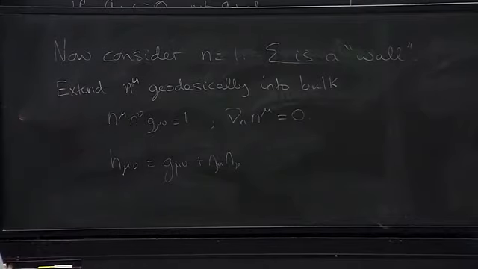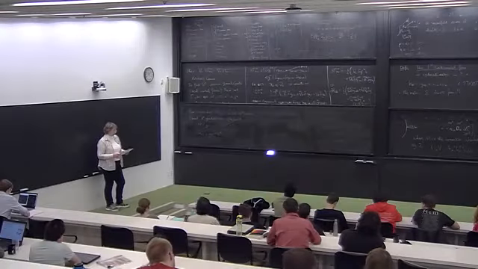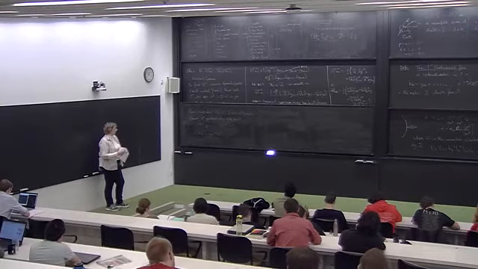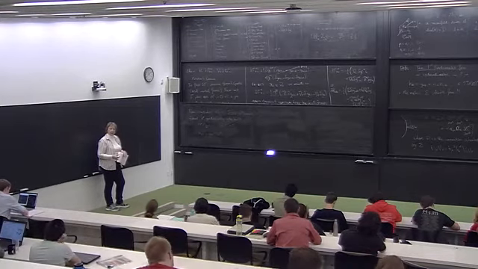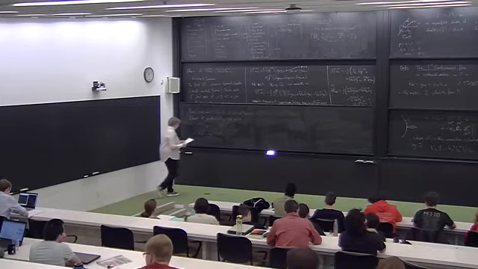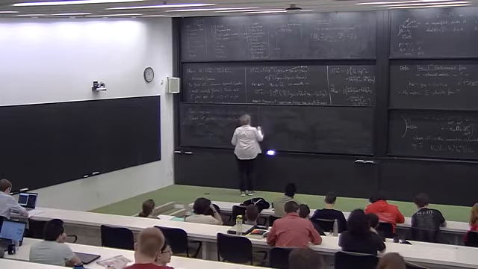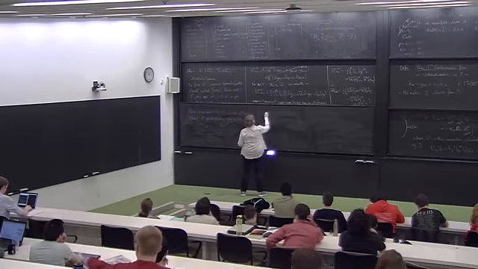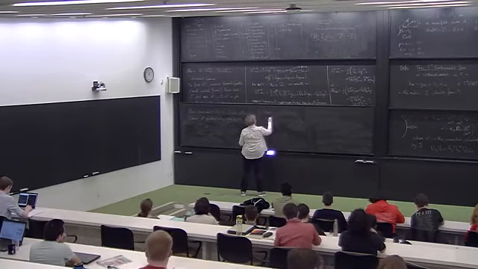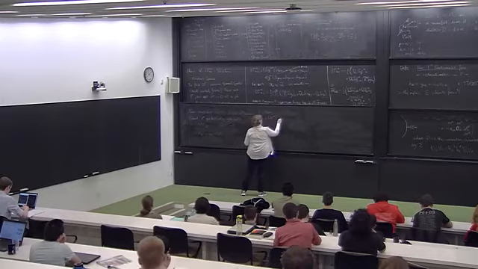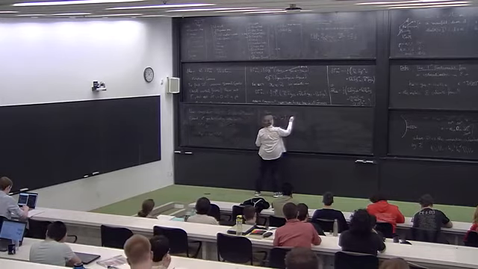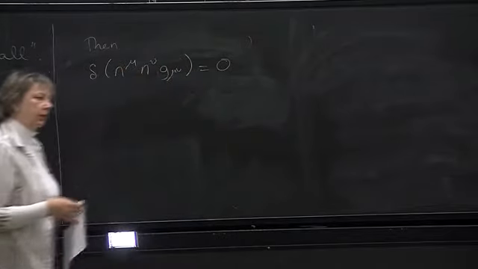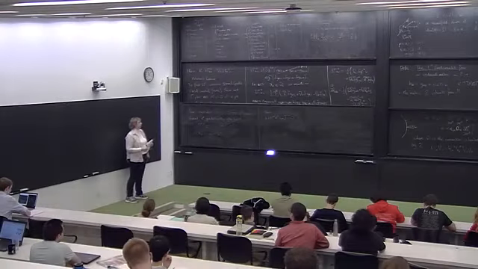So now, because I want to think about this extra piece, this boundary term in the action, I want to think about what happens if I just vary things a little bit. So I'm going to look at varying my metric. Even though I vary my metric, I still want the normal to still be this Gaussian normal.